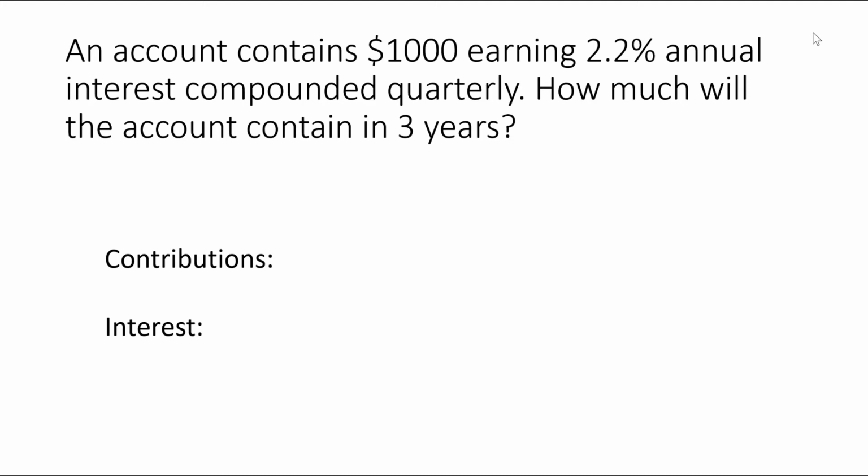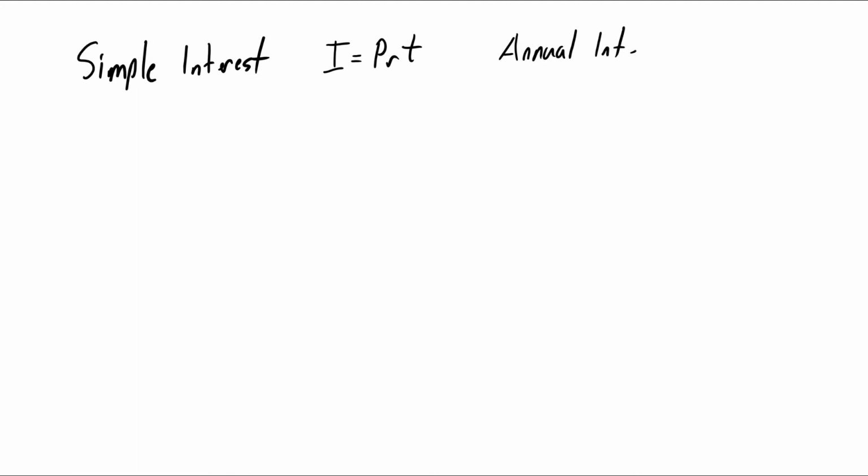All right, so before we solve this one, let's go through the different types of problems that we've talked about so far and how we're going to solve them. So simple interest is the formula I equals PRT. And it is just annual interest. So anytime you just see annual interest, that generally means it's going to be simple interest.